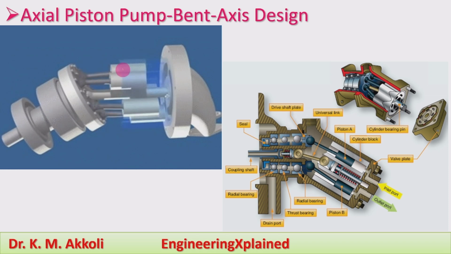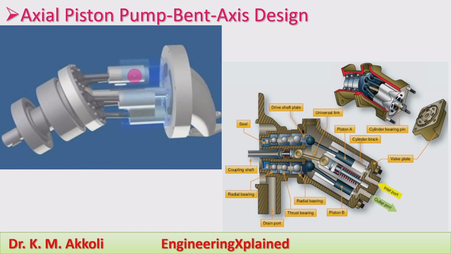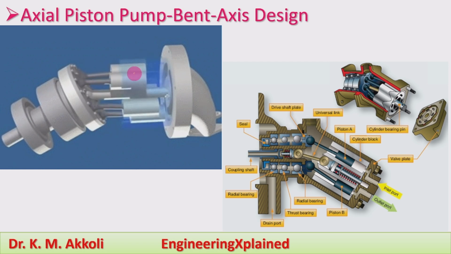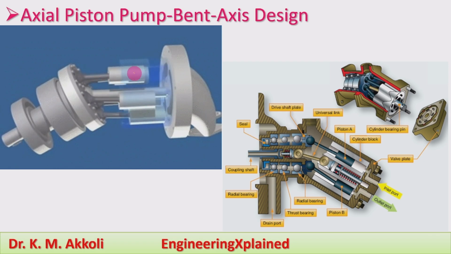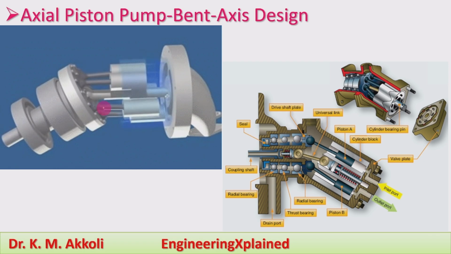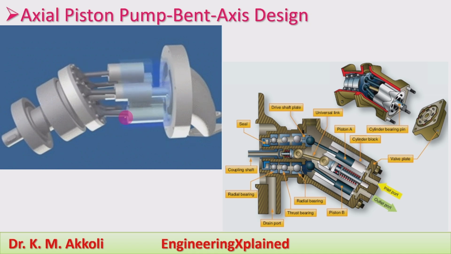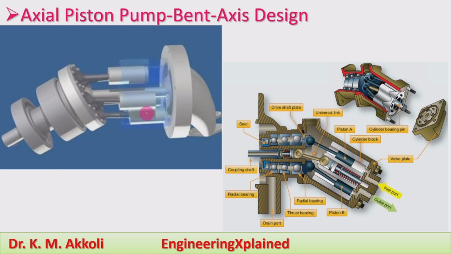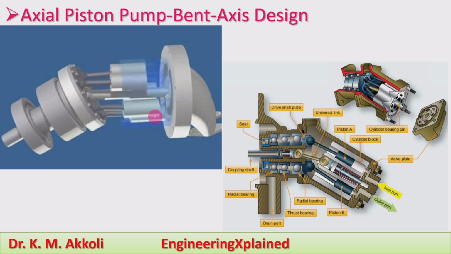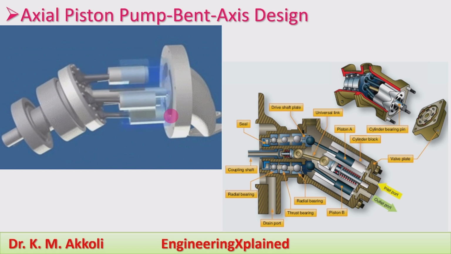Whenever the extension is taking place at the top portion, inside the cylinder, the suction of the fluid will take place through the suction valve. During its further rotation, the piston will retract, moving inside the cylinder, and it will compress the fluid, and thereby discharge of the fluid will take place.